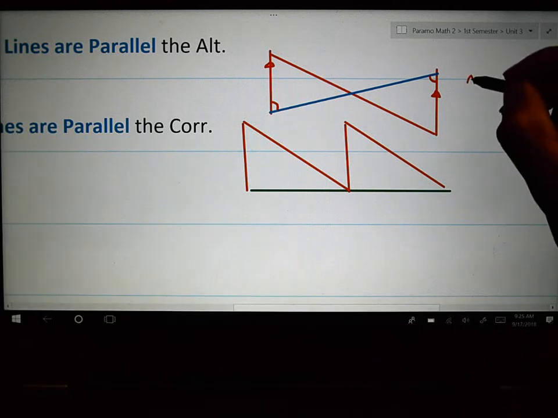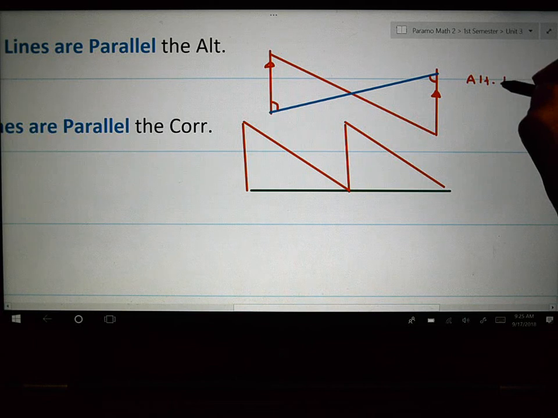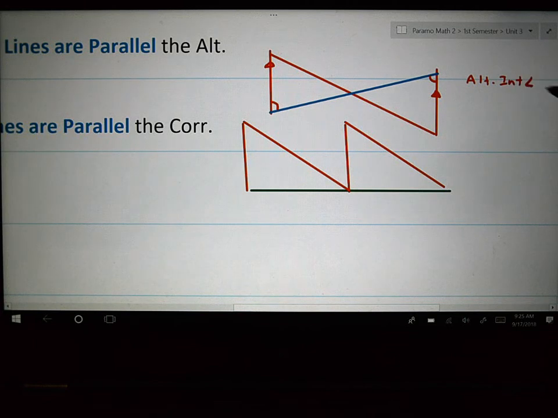I'm going to put alternate interior angles. And they're congruent to each other. And that's not the only one. Those are the ones that are congruent to each other because of the blue line. There's another pair that's congruent to each other because of this red line.